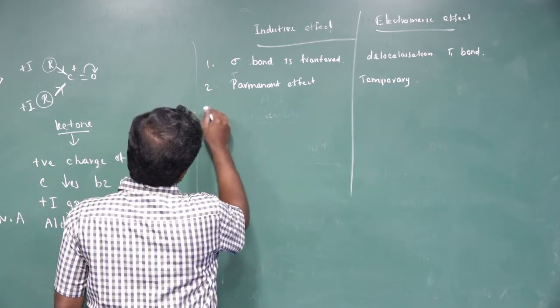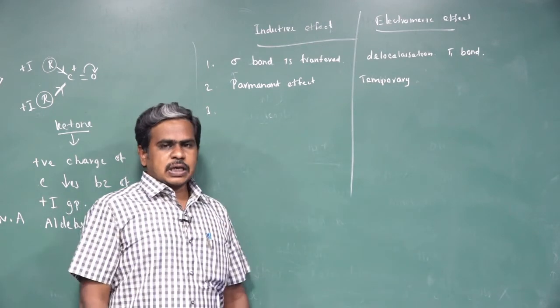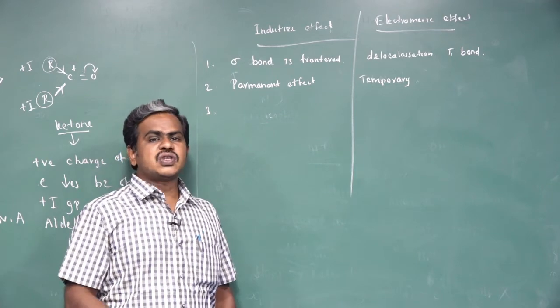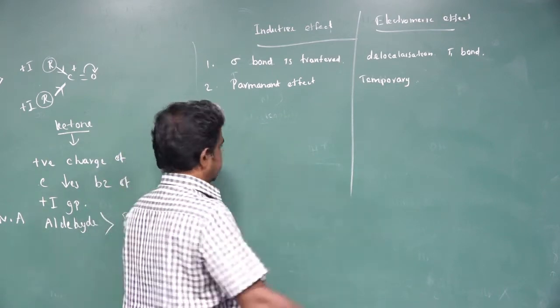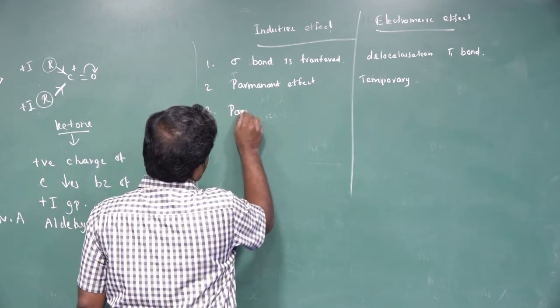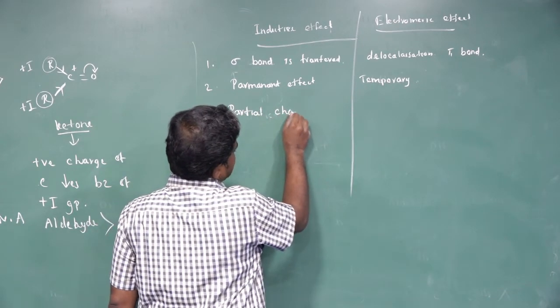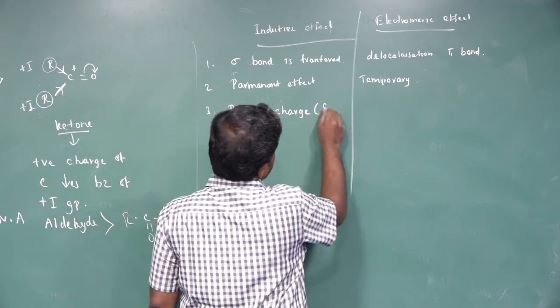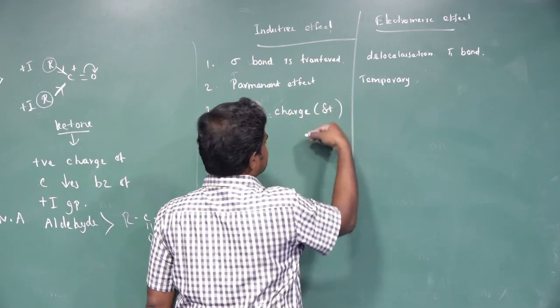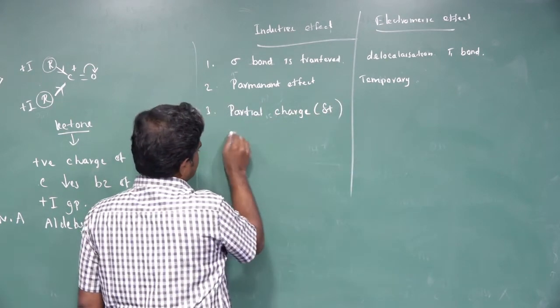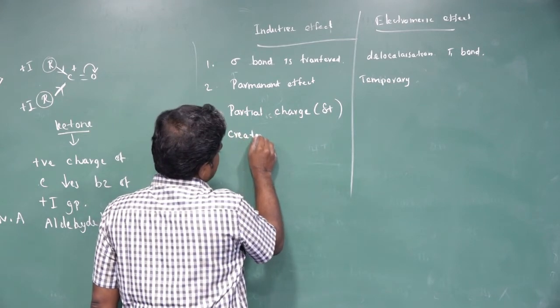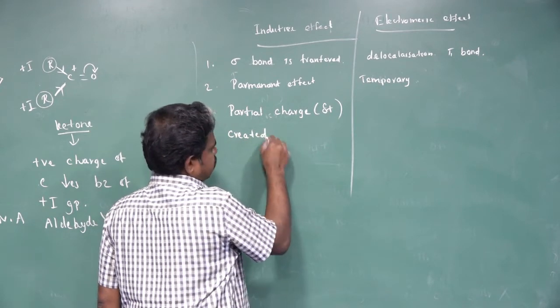And the third one: in the inductive effect, only partial charges are created. Partial charges like delta plus or delta minus will be created. So only the partial charge is created.